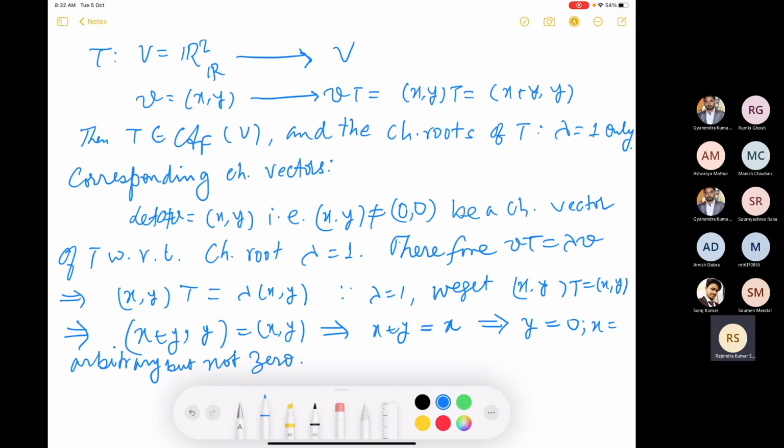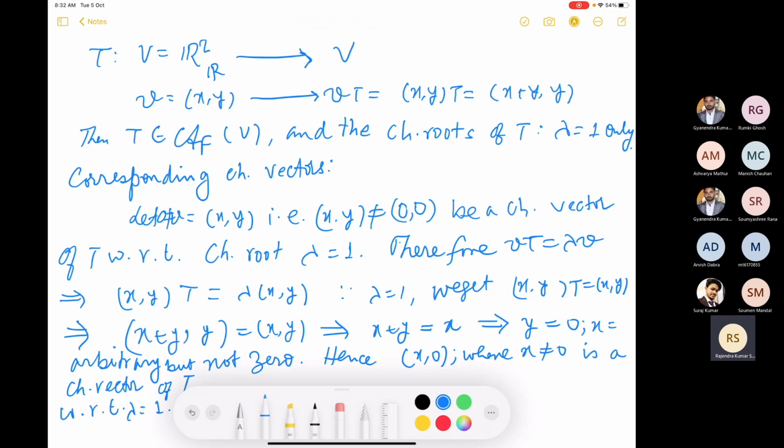So what is the characteristic vector? So (x, 0), where x is non-zero, is a characteristic vector of T with respect to lambda is equal to 1.